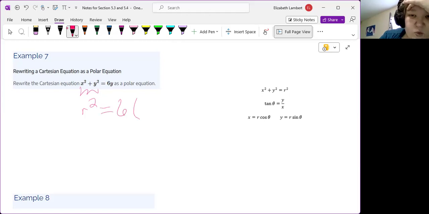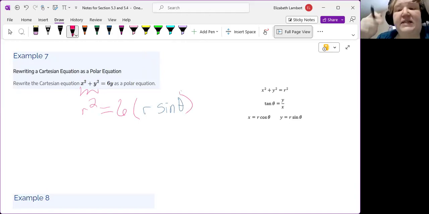And then in place of y, we're going to have r sine theta. Now, technically, we've done the thing, but we would prefer to have it just be a single r.